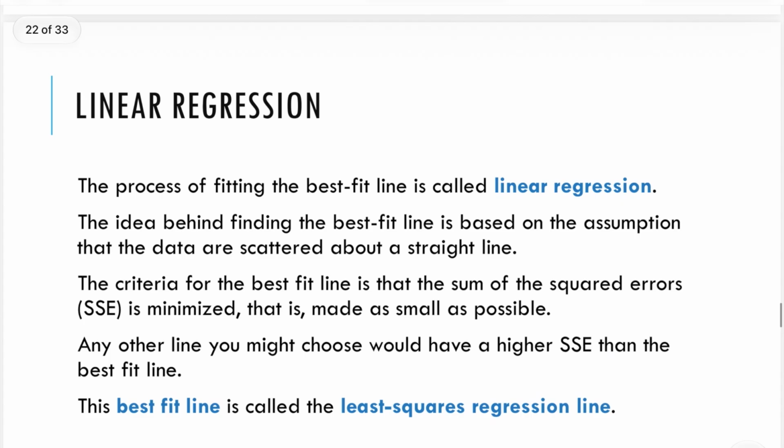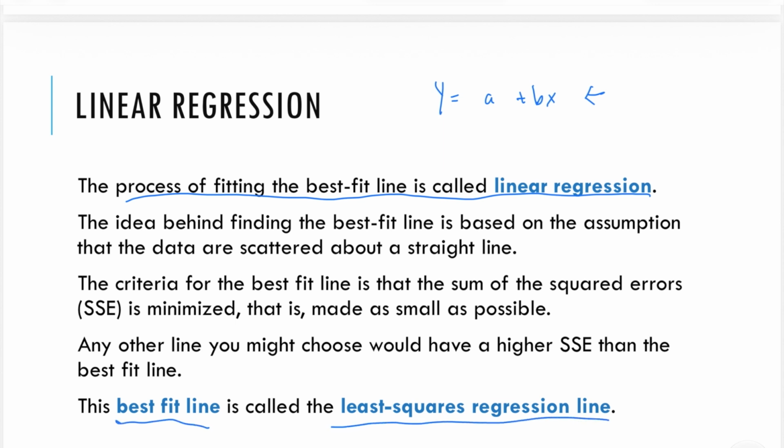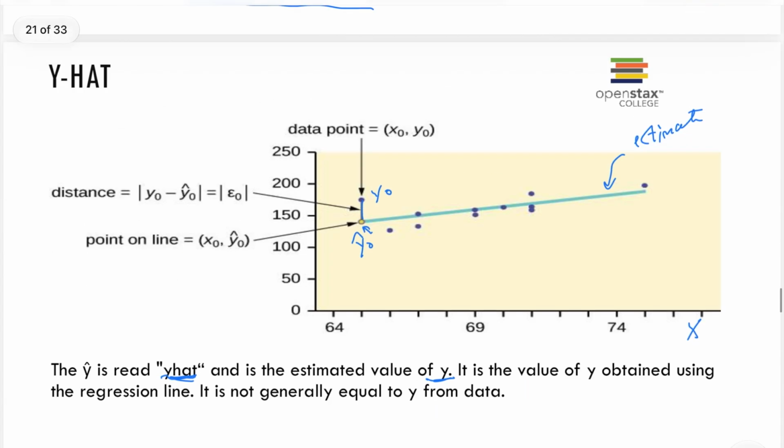Linear regression is the process of getting the best fit, the line of best fit, coming up with that linear regression equation, the best fit line. And we really want to have that line that reduces the variation. We don't have it up here because we have a lot of variation. We want to have this best fit.